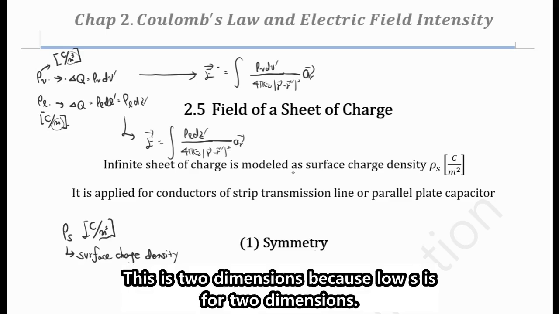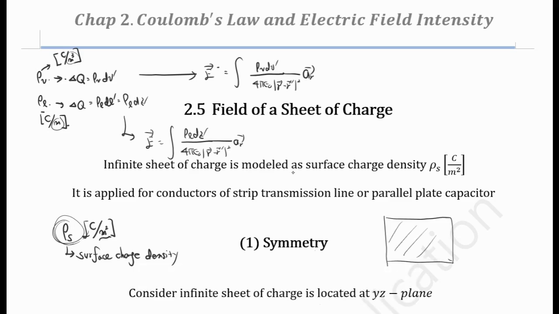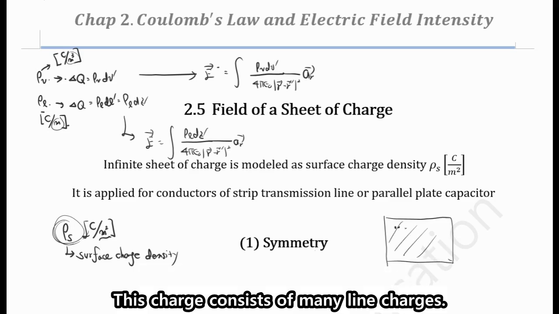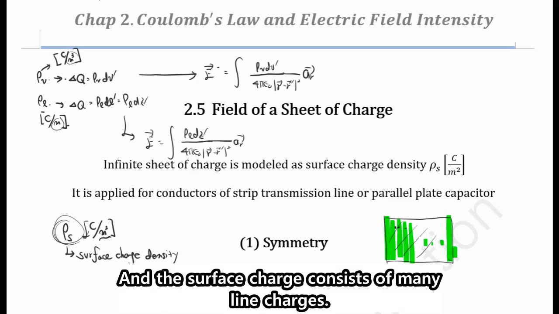This is two dimensions, because rho S is for two dimensions. The charge is located on a plane, and the surface charge consists of many line charges.